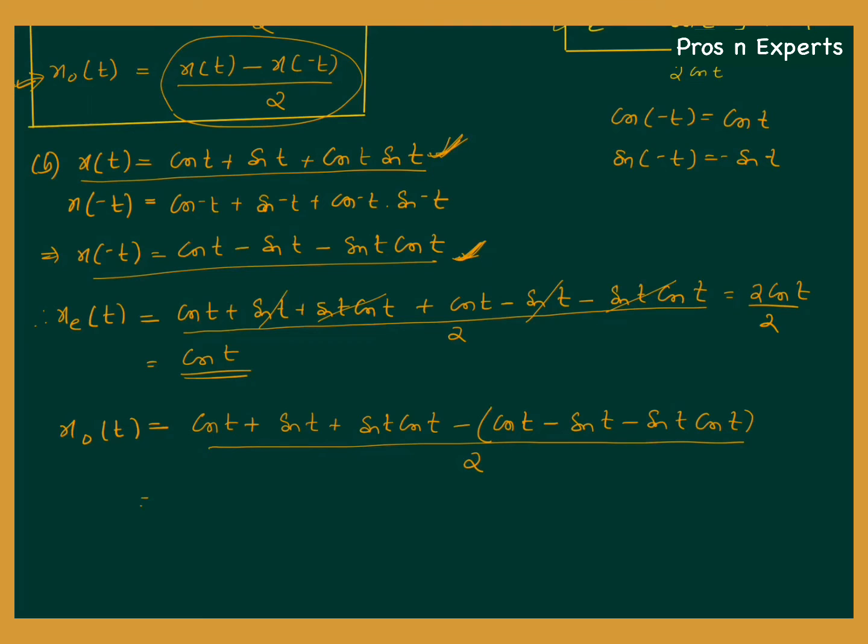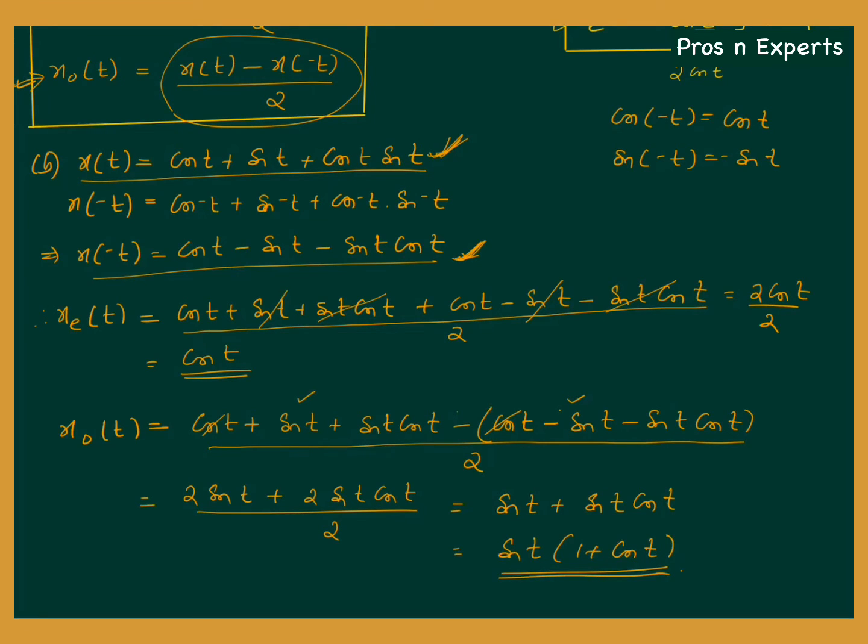You can cancel cos t and cos t. Then minus and minus equals plus, so you get 2 sin t, and similarly 2 sin t cos t, whole divided by 2. That will give you the answer sin t plus sin t cos t, or you can simplify it as sin t into 1 plus cos t. You can further simplify it, or you can stop here. So this is the answer for xo of t.